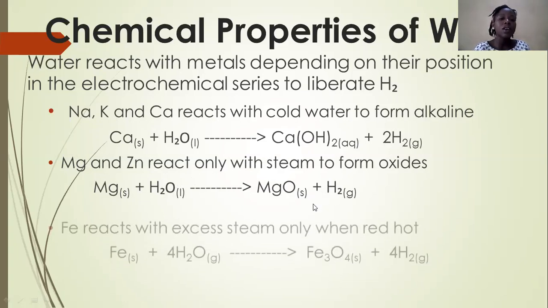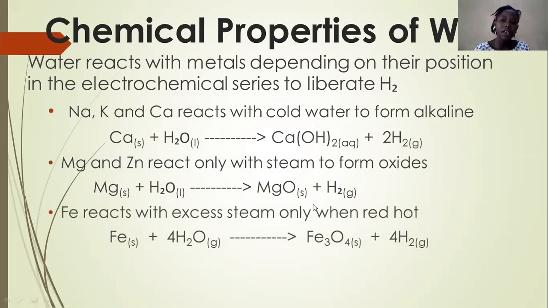Then next you have iron. Iron is a little after magnesium and zinc, so it reacts with excess steam only when red hot. That means iron will be red hot, and it will only react with excess steam when it is very red hot. Meaning that if iron should react with cold water, the reaction will not occur.